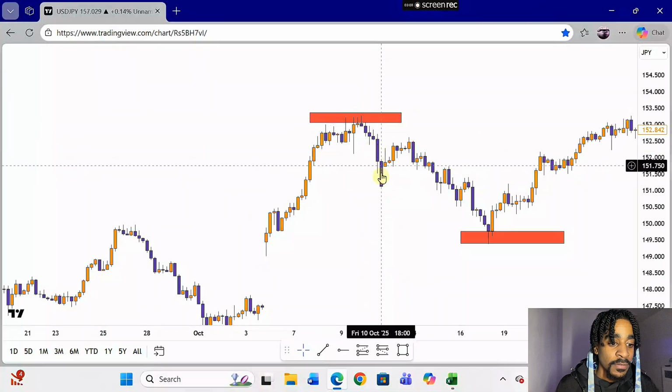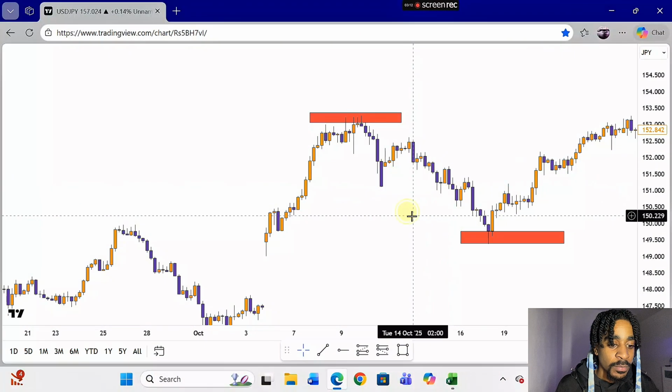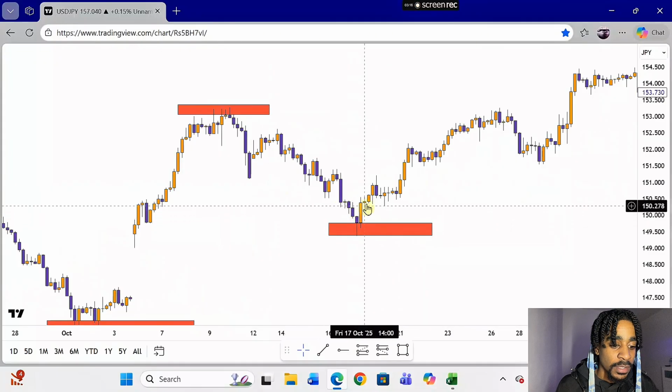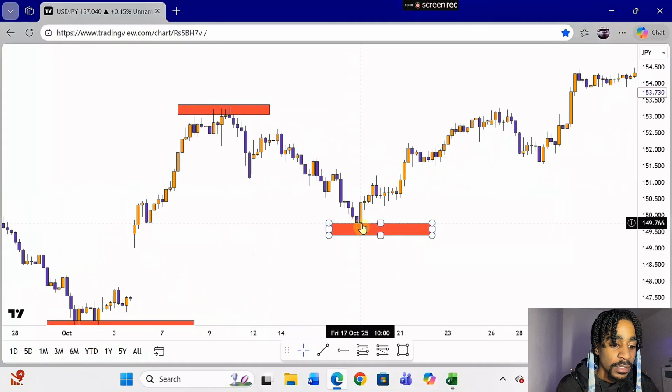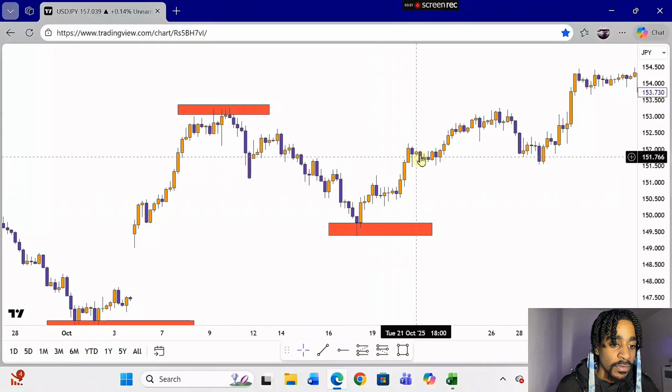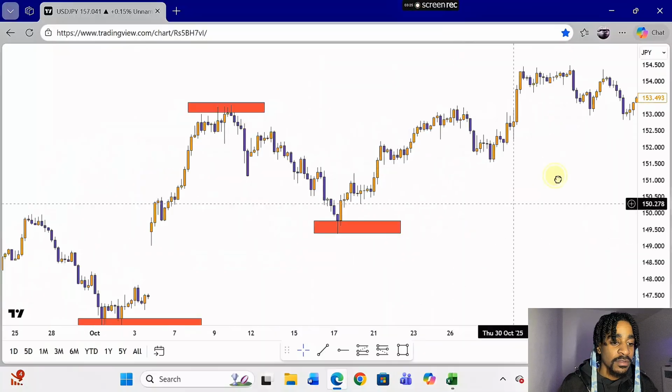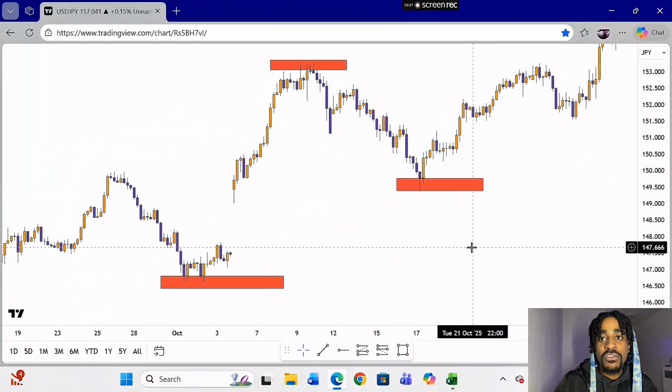So the end of the week, we see movement. At this specific area here, we also react on a Friday at the end of the week, and then we reverse.